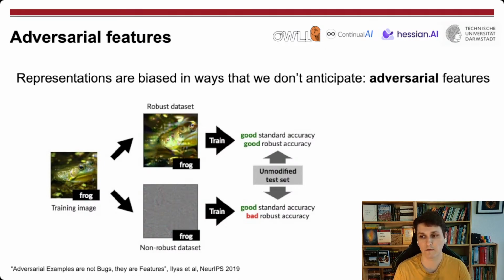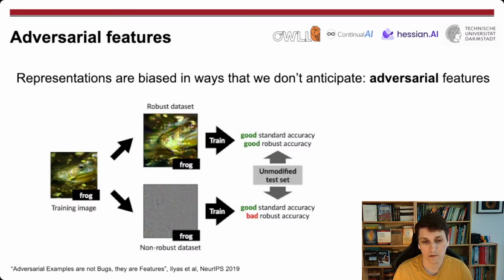And a flip side of this has been shown in an experiment that's quite interesting: if you create a data set, which is here called the non-robust data set, that consists only of these perturbations. So you remove basically everything that makes up the image, keeping only these perturbations that lead to a specific prediction. And you train only on this data set. I mean, you can take a look at it on the bottom, there's not much to discern. You still get a good standard accuracy.